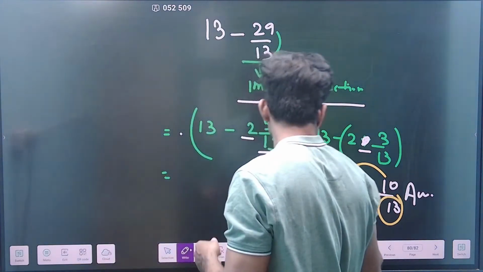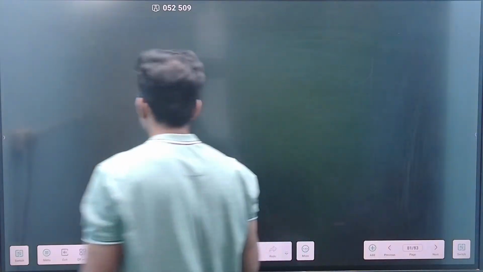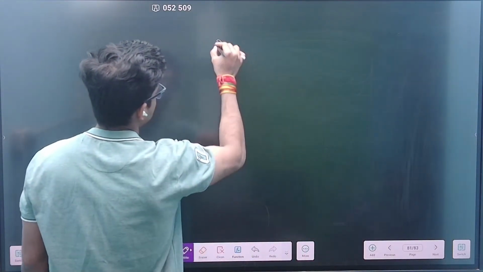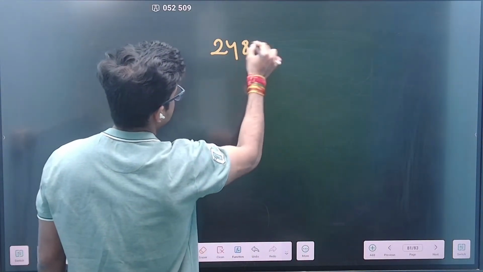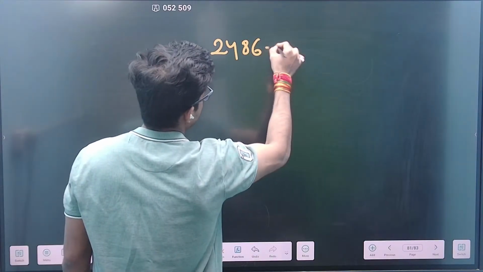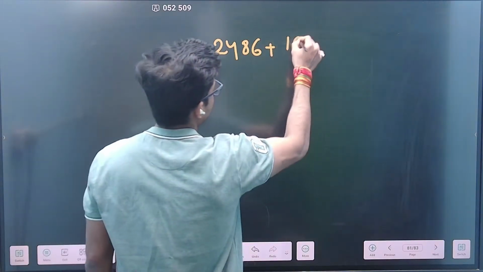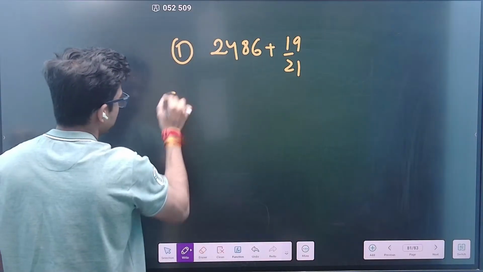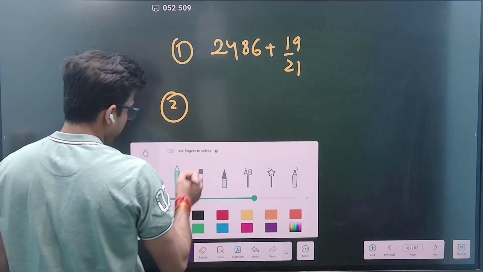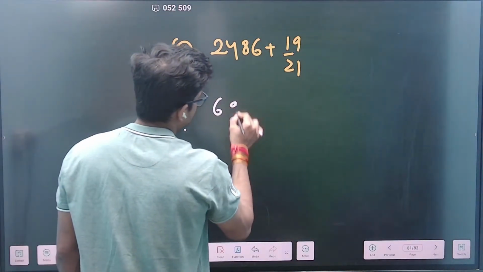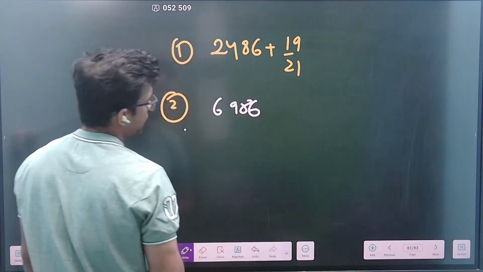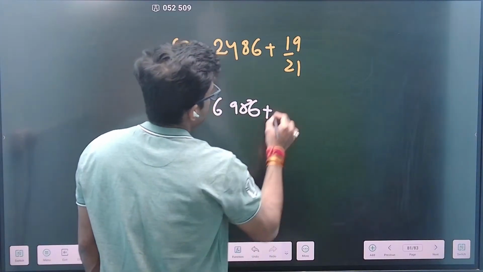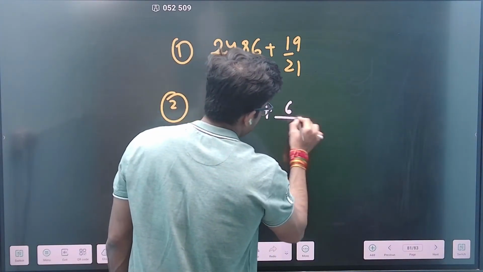Let me give you some problems. First question: 2486 plus 19 by 21. Second question I would give you: 6986 plus, let's say, 6 by 12.